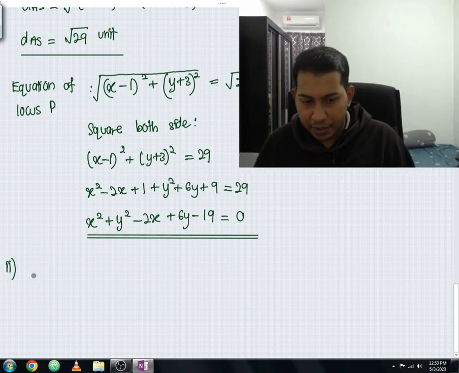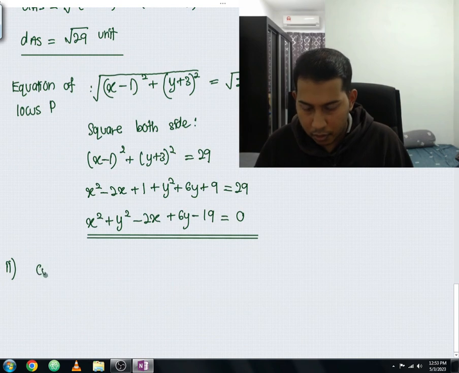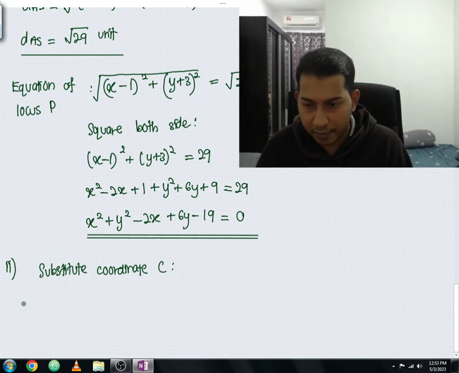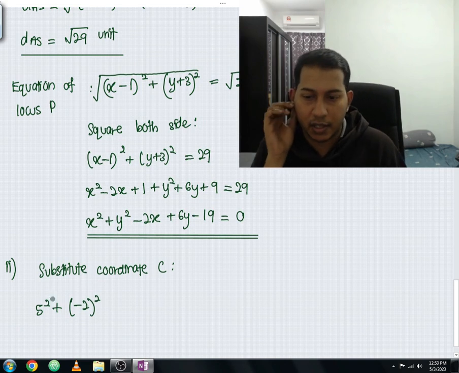So from here, substitute coordinate C into the locus P. So from here we can check easily 5 squared plus negative 2 squared, because the coordinate is 5 comma negative 2.